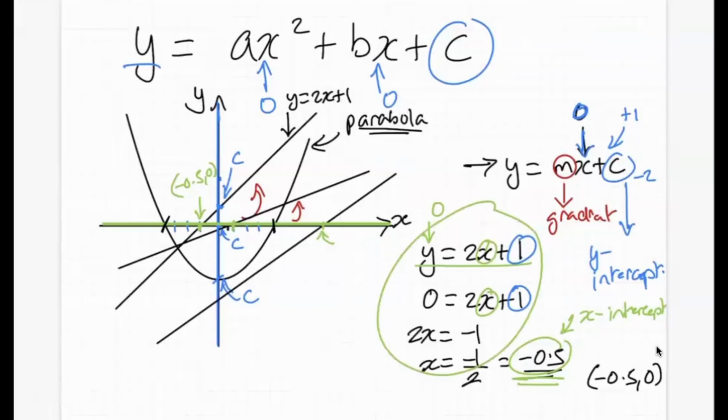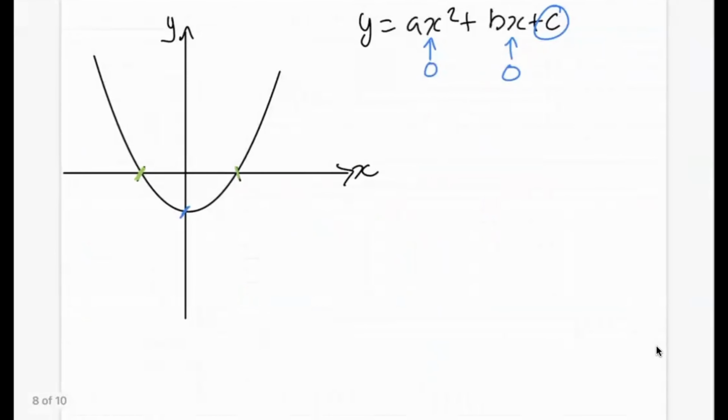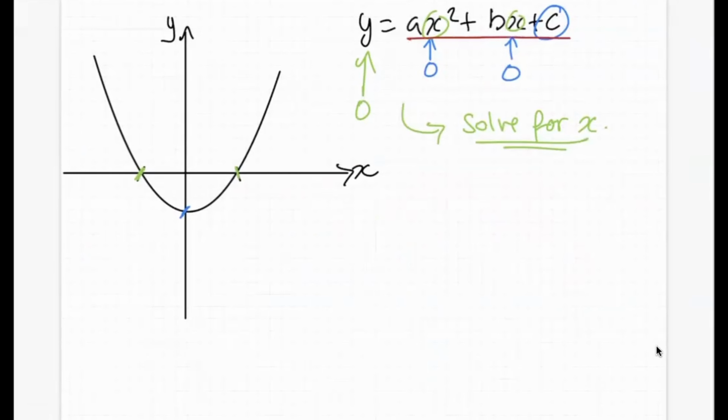And that is, we solved for x to work out what the x-intercept was when y equals 0. So to work out the x-intercepts, we're going to set y to be 0, and then we're going to solve for x. So that is how we work out where a quadratic equation like y equals ax squared plus bx plus c, given by this parabola here, crosses the x-axis, right?